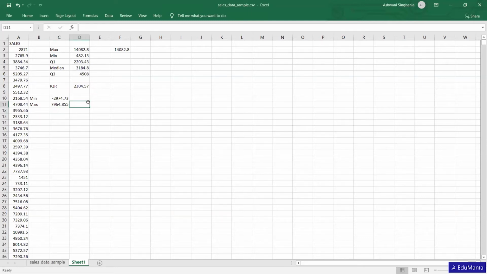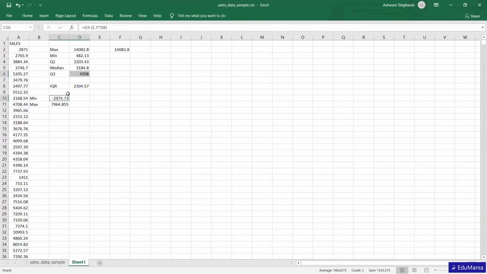So we have to compare both. If we are talking about the lower whisker, then in that case we have to use the maximum of the two, the value we get from this formula and the minimum value.